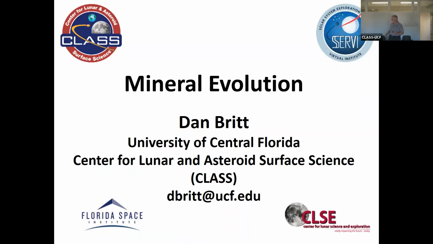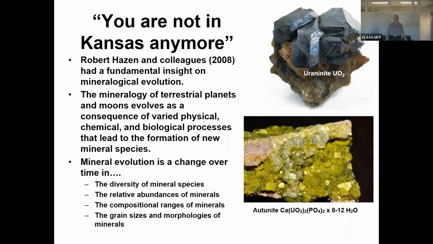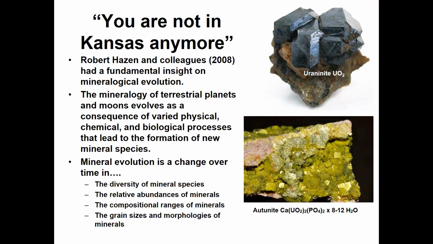And we shall begin. So, mineral evolution. The theme of this course, of course, is you're not in Kansas anymore. Back in 2008, Robert Hazen and his colleagues published what I thought was an insightful idea about the origin of minerals in the solar system.